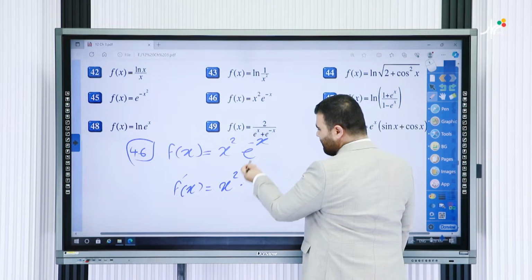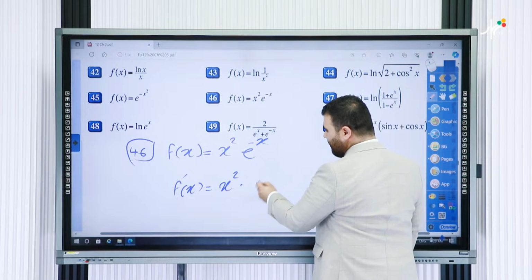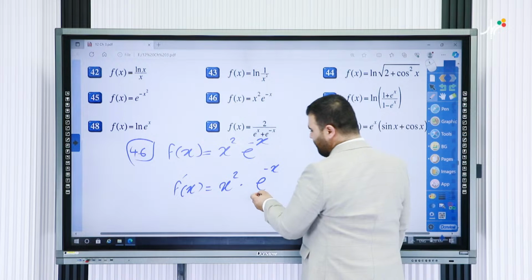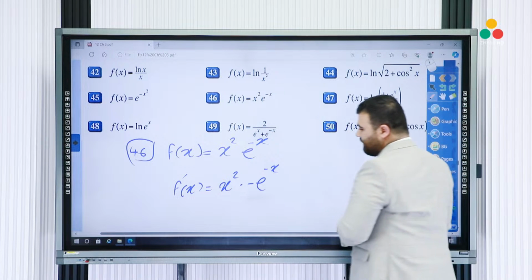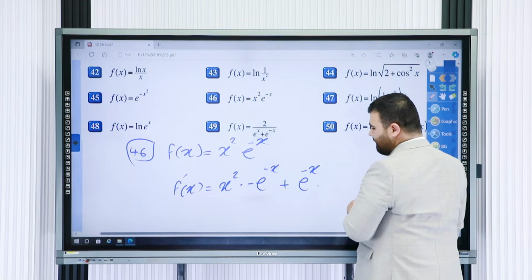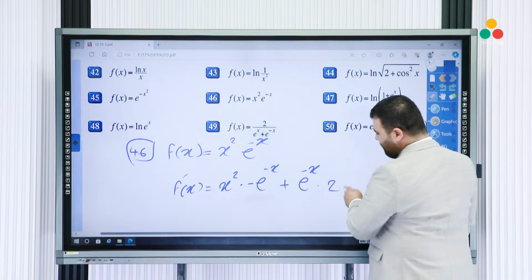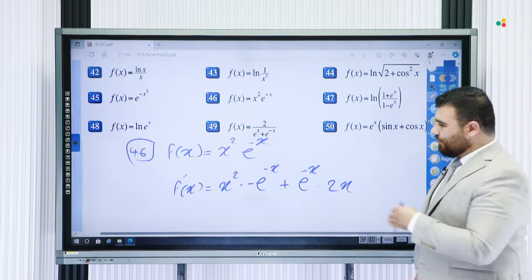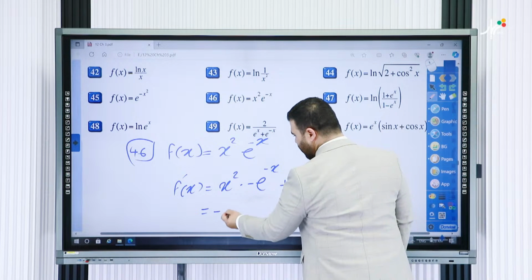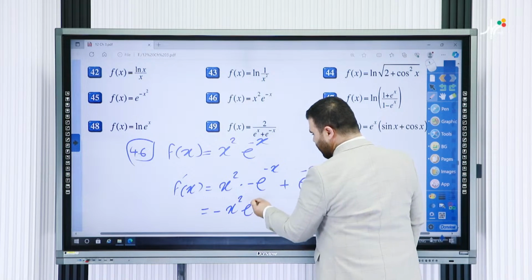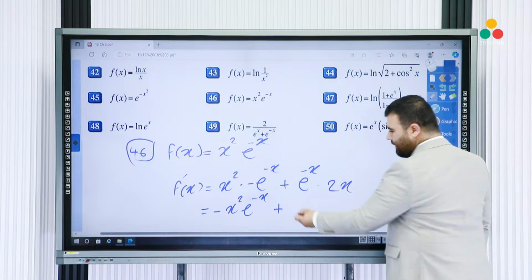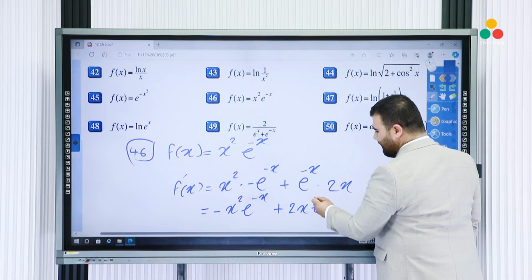Derivative of second, since it's e, we write it once as it is, times the derivative of power. Derivative of power is negative 1, makes it negative, plus second times derivative of first, 2x. Now, let's simplify. x squared times this will be negative x squared e to the negative x, plus 2x times this is 2x e to the negative x.